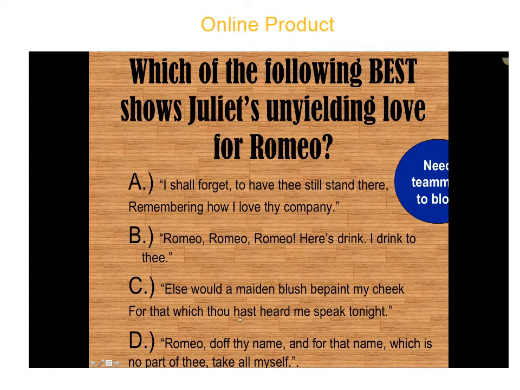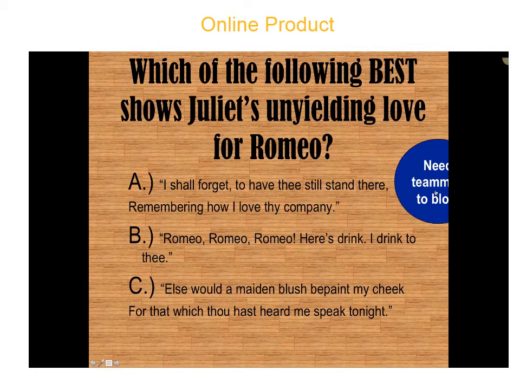I know you can't really see, but this blue circle here, the writing says need teammate to block. For whatever reason, this application has cut that circle off. But let's see what happens if we need a teammate of ours to block for us. Oh, okay, so we see that one of the incorrect answer choices is then eliminated, which helps a lot. Which of the following best shows Juliet's unyielding love for Romeo?